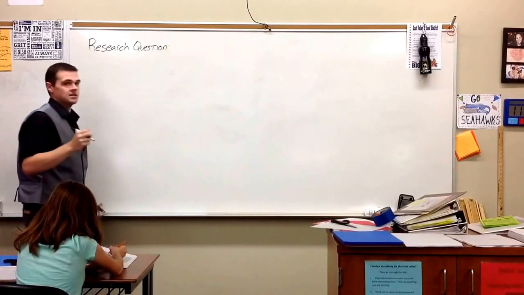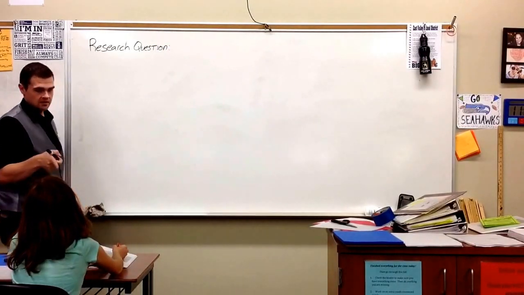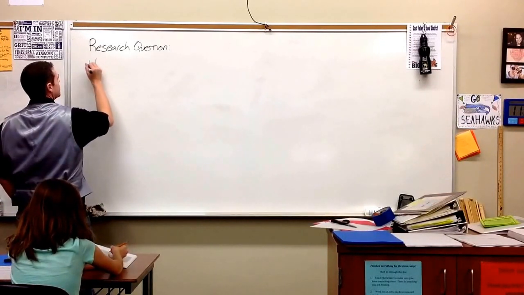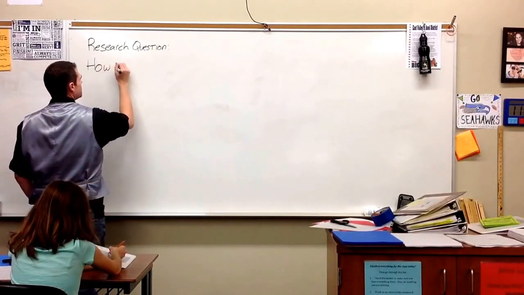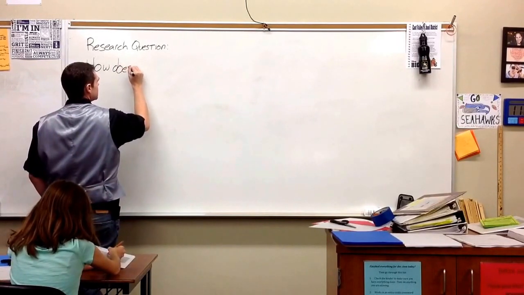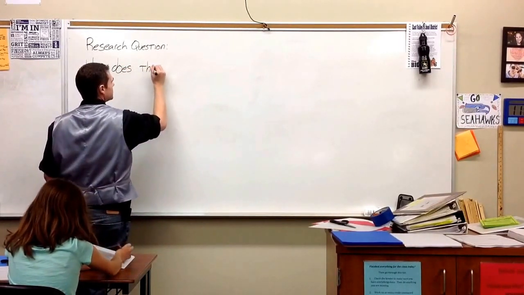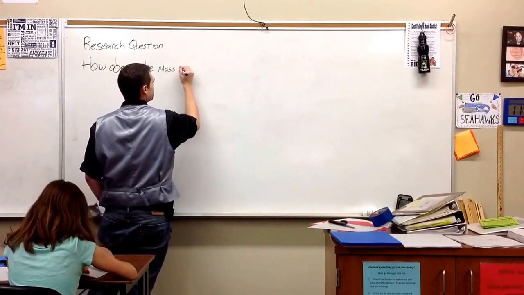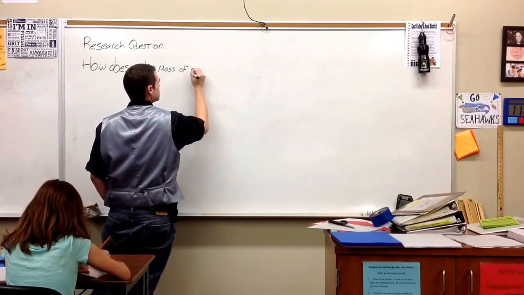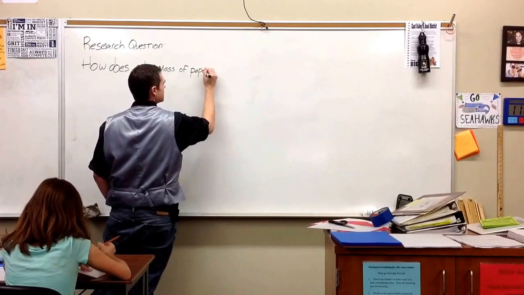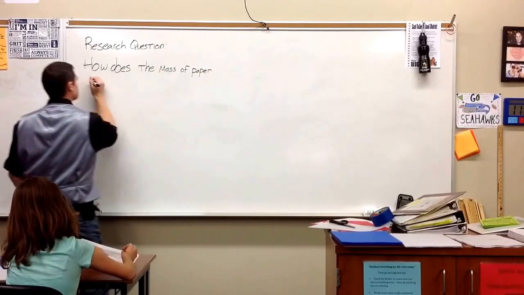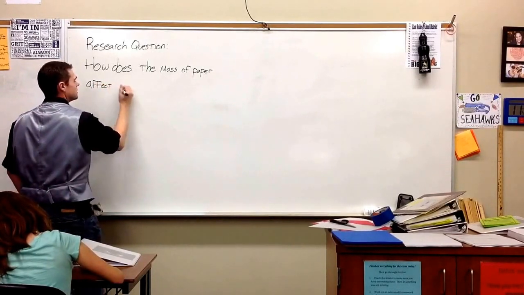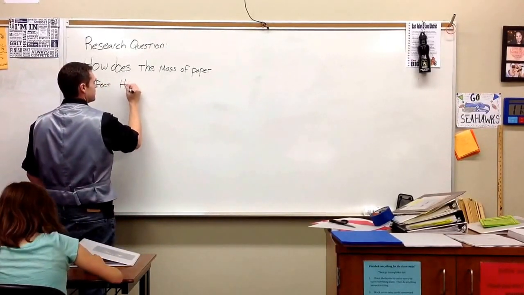And how do we write it again? How does blank affect blank? Good. So what we're going to do is how does the type of paper, or I'm sorry, the mass of paper affect how far it flies, the paper airplane.